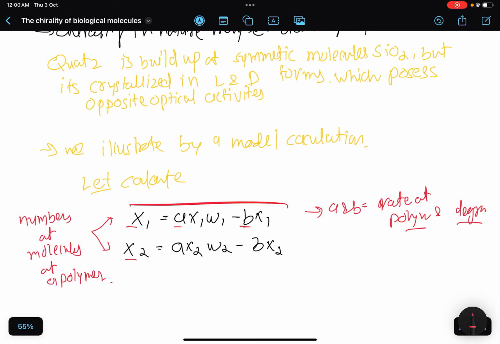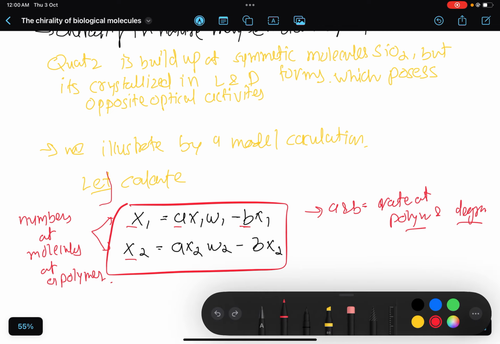This is the formula with which we can calculate all these processes.